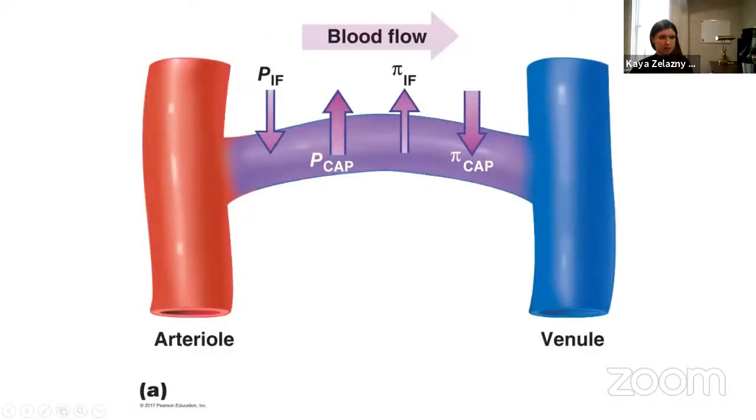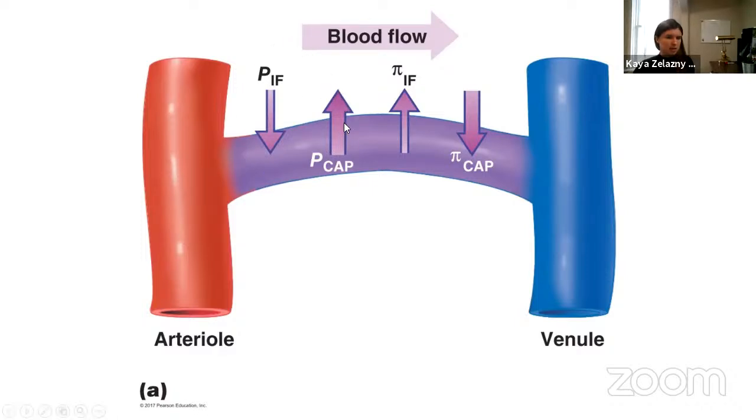So here's a drawing, slightly better than mine. Again, this is just showing us those forces that we've drawn out a couple times now. Our P is showing us hydrostatic pressures. So the direction of each of those, we have the push of the interstitial fluid from this interstitial space towards the blood, and we have the push of the fluid in the blood out towards the interstitial fluid.